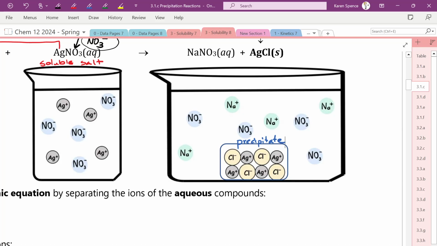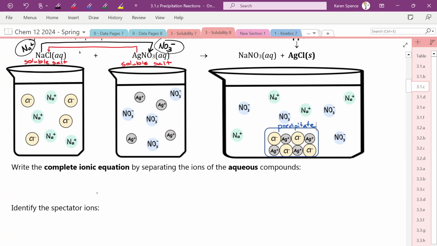Could you write the complete ionic equation for this reaction? I think I remember that. You think you remember it? You write a complete ionic reaction by separating the ions of the aqueous compounds. Give that a try.